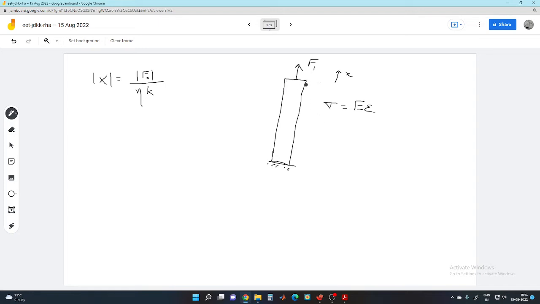If the cross section area is A, then sigma is nothing but F1 upon A, E is the elastic modulus, and epsilon is the extension, I would better say delta L, upon the length of this rod, capital L. So if I write it in this form, this becomes EA by L delta L.